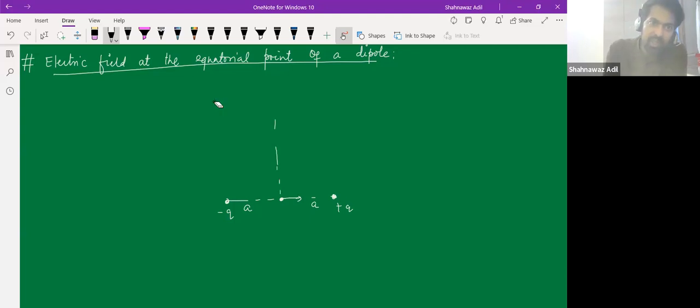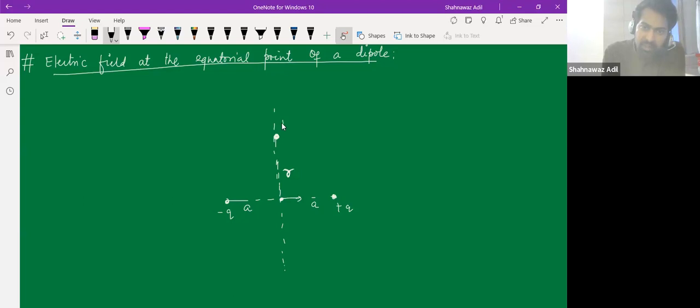This perpendicular is the equatorial line. And we are calculating the electric field at this point. Let us assume that this distance is r from the center. So this is r, this is a.